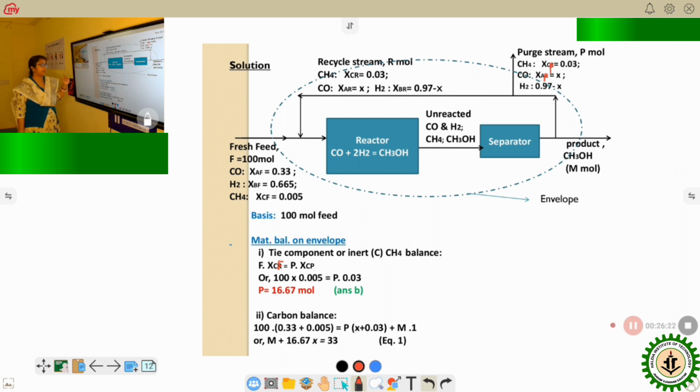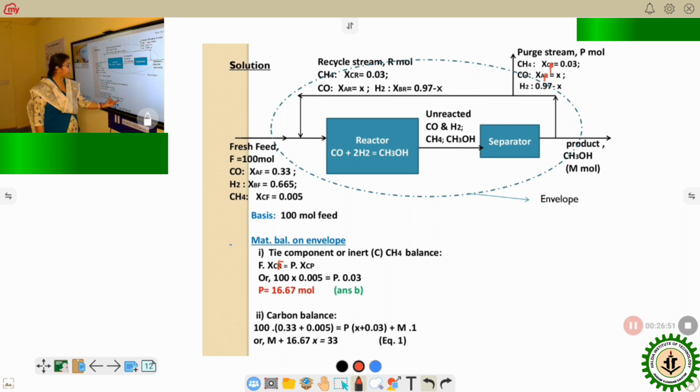In 1 mole of carbon monoxide, 1 mole of carbon is present, and in 1 mole of methane, 1 mole of carbon is present. So we can write the carbon balance as 100 into in bracket 0.33 plus 0.005. This is the total carbon in moles which entered.